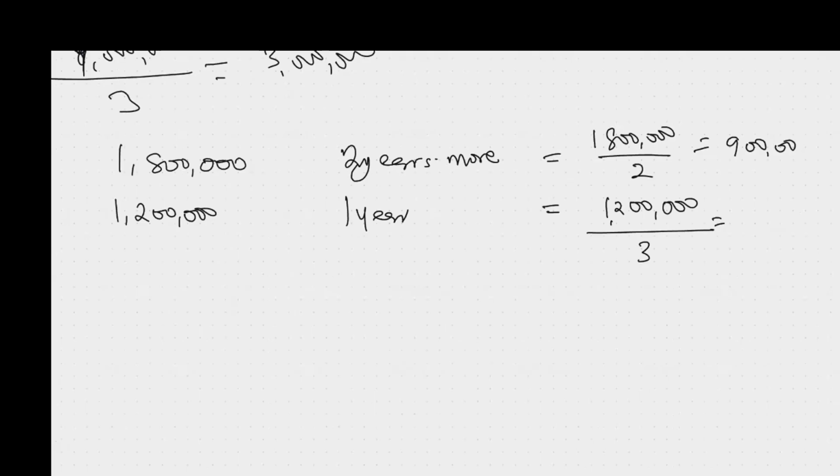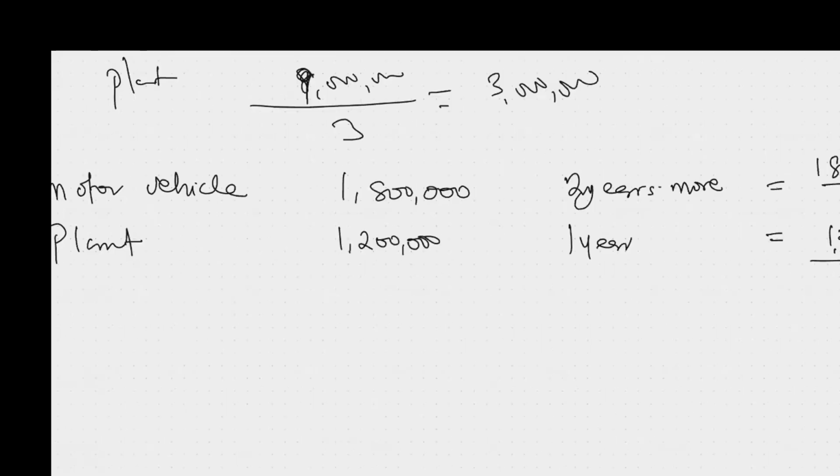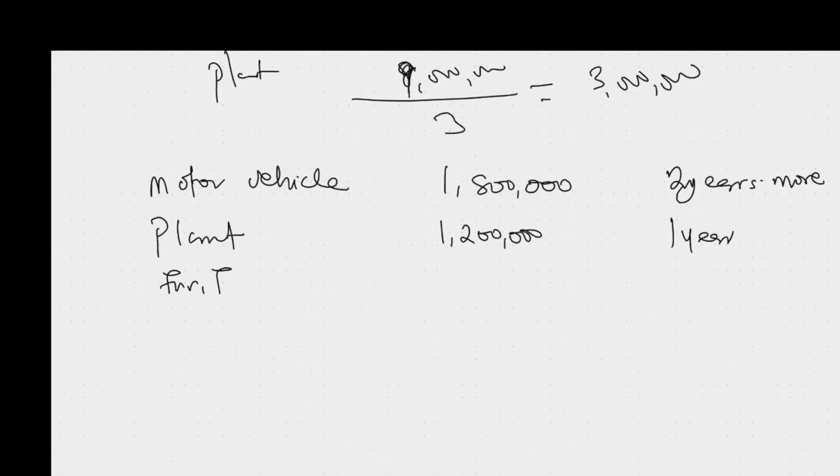The next one, furniture and fittings. For the furniture and fittings, they told us 2 years remaining. That one is easy now. 2 years remaining.